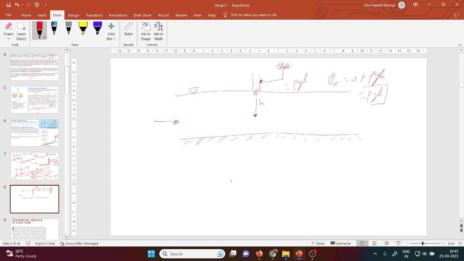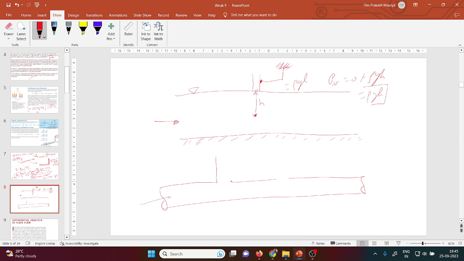So let's discuss how the pitot tube works: first how it was working previously, and how it is working currently.